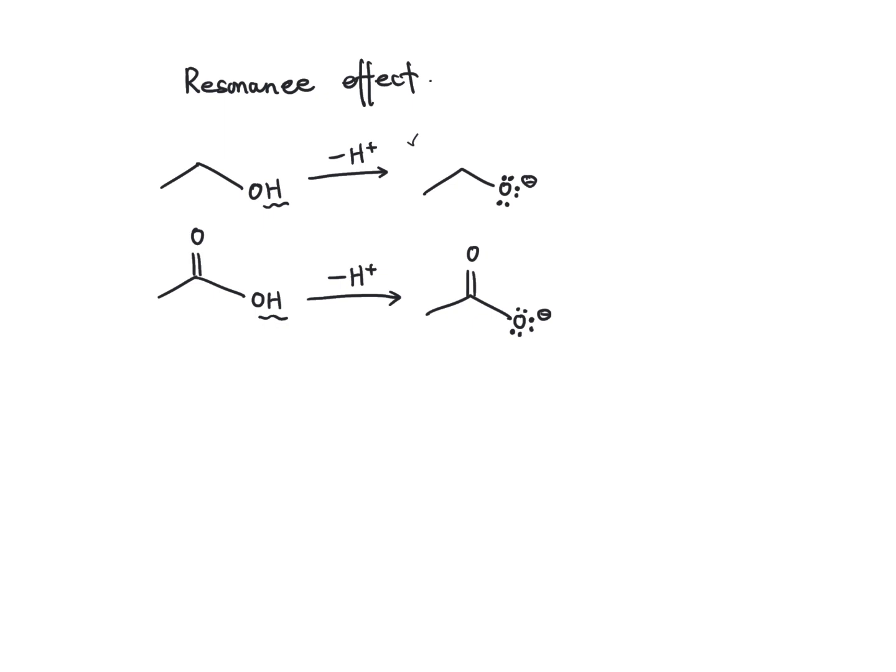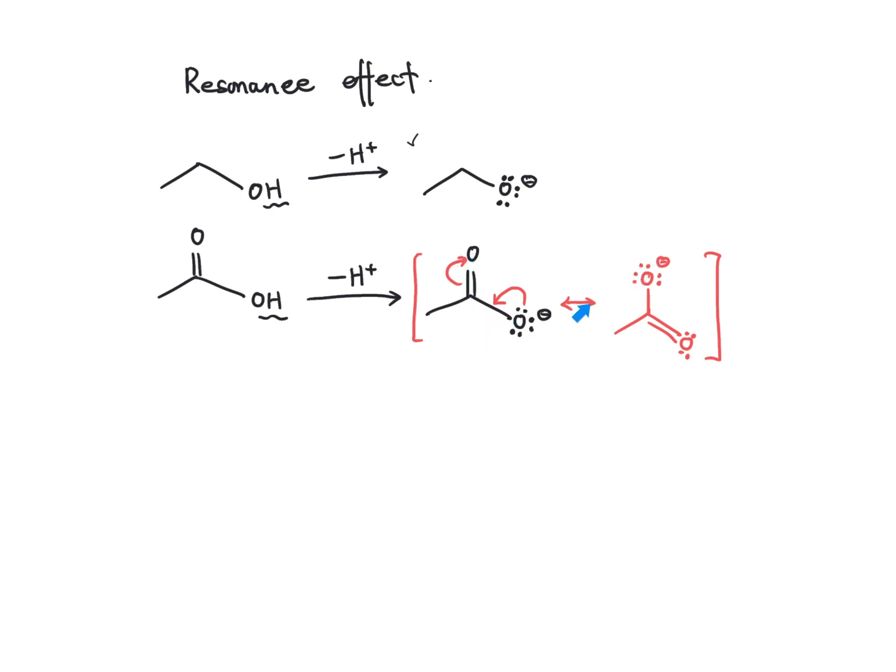That means it can be stabilized through resonance. What does that mean? We can draw out the resonance of this conjugate base. That shows us the negative charge can be spread out through the resonance. How does it spread out? The negative charge will not just sit on this oxygen. It spreads out through this pi system, through this oxygen and this oxygen.